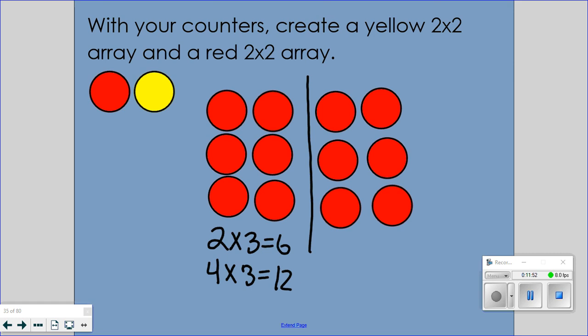Uh-huh. And she has 2 groups of 3 that equals 6, and then plus 6 equals 12. Yeah, we've got 2 groups of 3, and we just doubled it. Interesting.